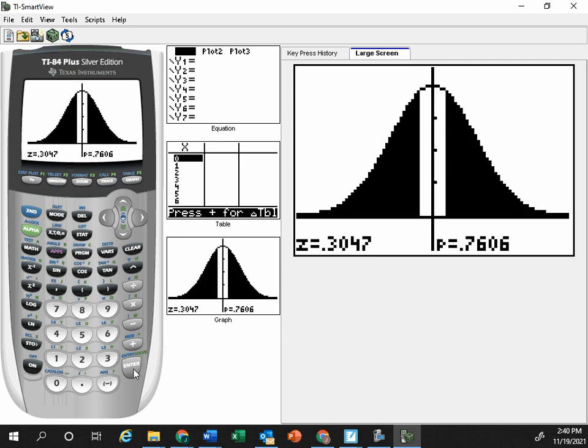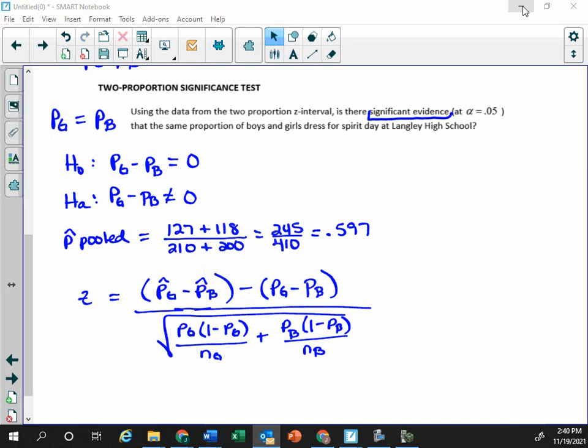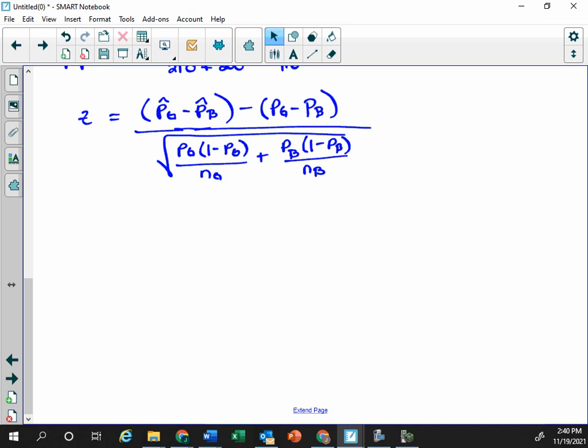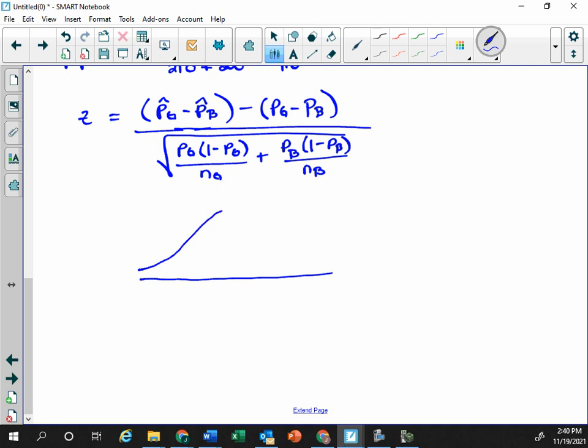All right, anybody having troubles with this on their calculator? Okay, so let's make our sketch in our problem. Draw your picture. Where is this one centered?